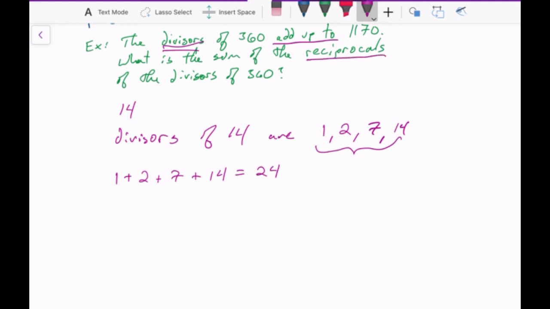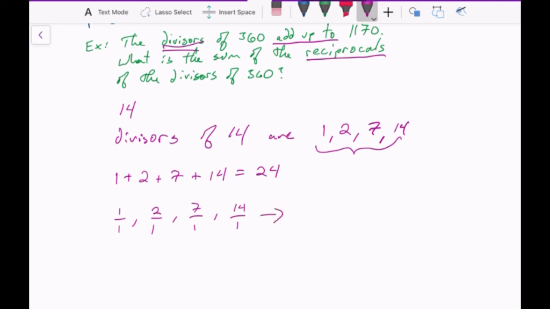Now the next thing we need to know is what a reciprocal is, and that is just 1 over a number. The way I'm going to think of it is, if I think of these original divisors as 1, 2, 7, 14, but over 1, so I've got 1 over 1, 2 over 1, 7 over 1, and 14 over 1.